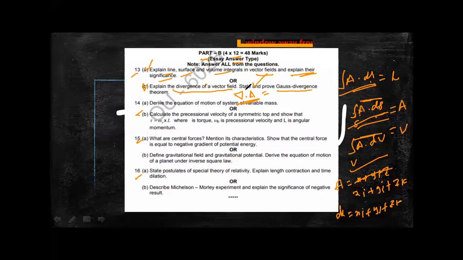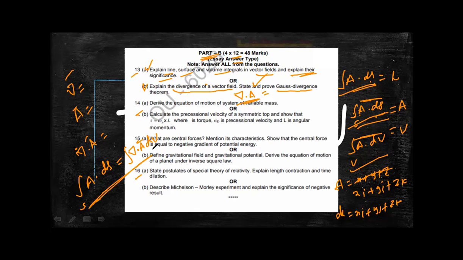Whatever we did before, like what is del, A, you can write it, and prove divergence A, and finally the Gauss theorem: A dot dS equals divergence A dV. Correct? This is the Gauss theorem, surface to volume. Stokes theorem is linear to surface, right?